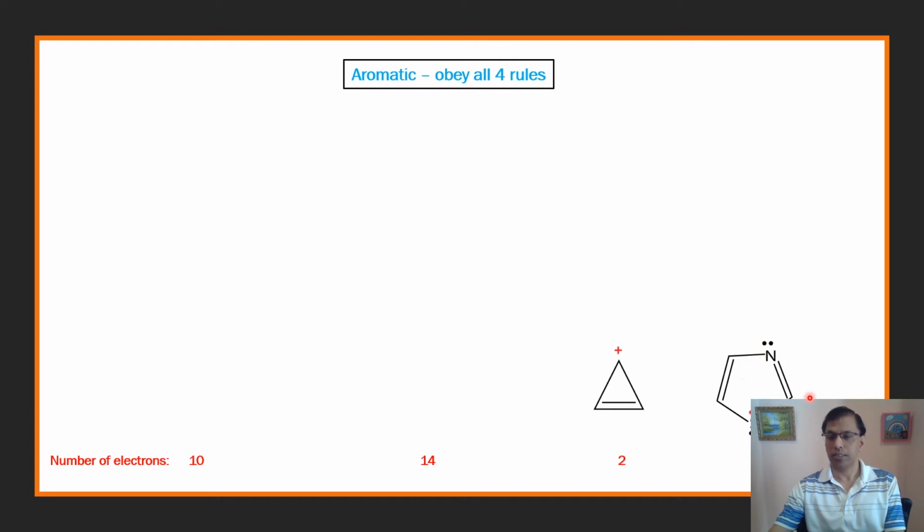The molecule is cyclic and planar, and it obeys the Huckel's rule of 4n plus 2. In this case, n is equal to 1. That's equal to 6 electrons that are delocalized, and hence this compound is aromatic.